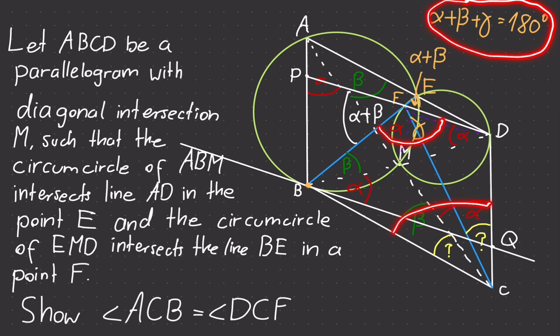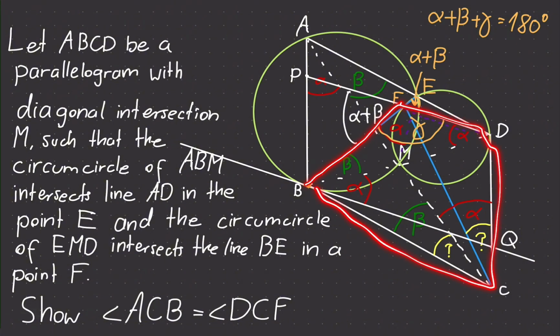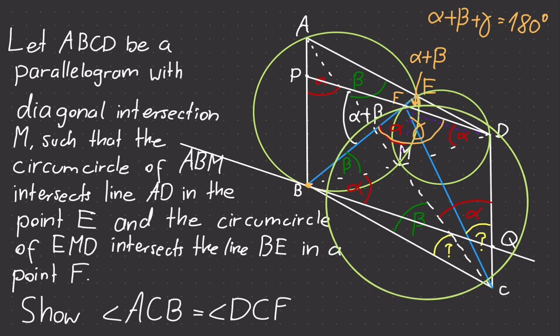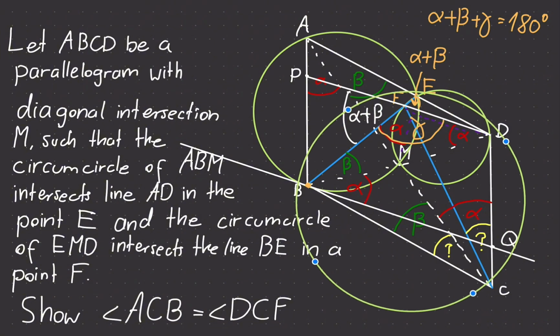If two opposing angles equal 180 degrees, then this means that these two angles here will also need to equal 180 degrees in total, as the total sum of the angles in the quadrilateral is 360. And this means that these 4 points, so B, C, D, and F, they must lie on a common circle. I'm going to try to draw it. It's not going to be very successful, but oh well.